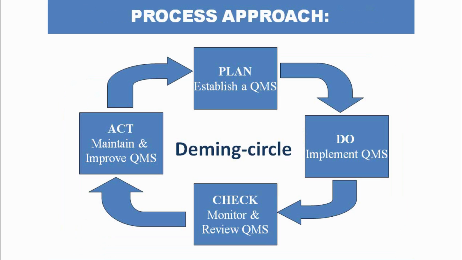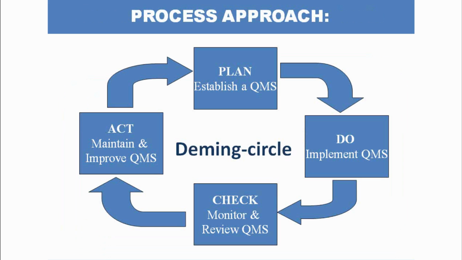You have to plan a quality management system. You have to establish a quality management system before you even begin to talk about accreditation for your laboratory management system. There has to be the planning phase where all the relevant questions must have been answered. Do we need this? Why do we have to do this?